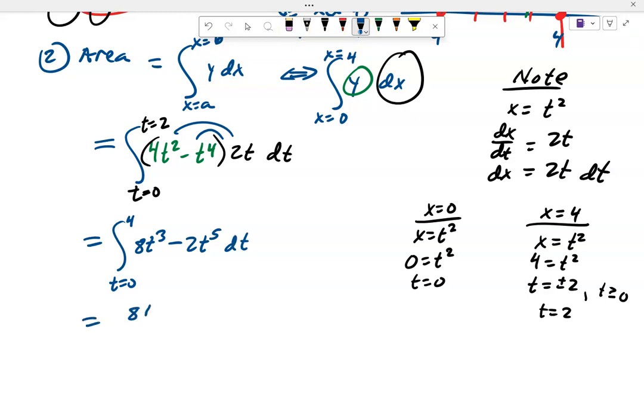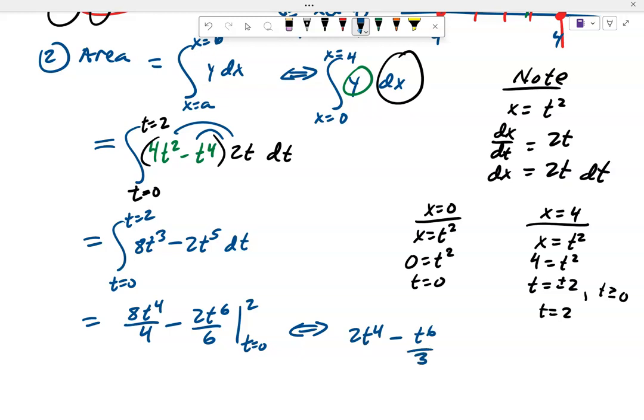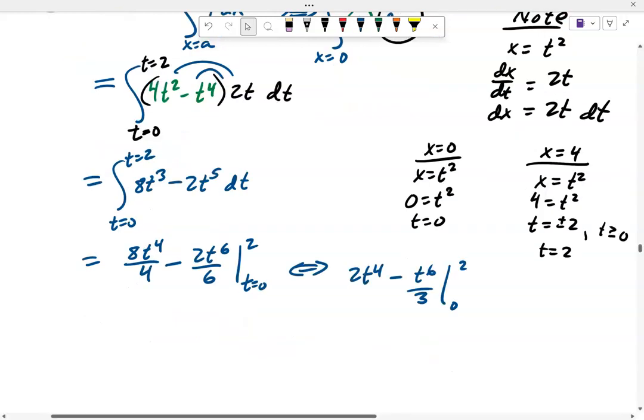And so we got 8t to the 4 over 4 minus 2t to the 6 over 6 from t being 0 to t being, oops, that's not a 4, that's a t being 2. So we got 2t to the 4th minus t to the 6 over 3 from 0 to 2.